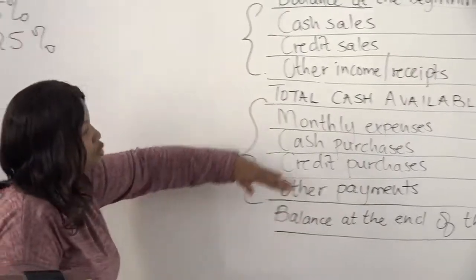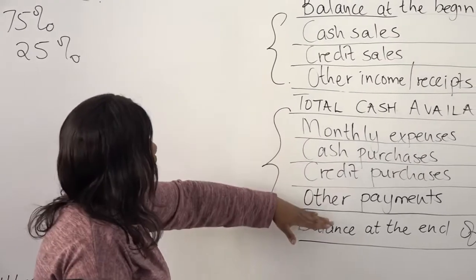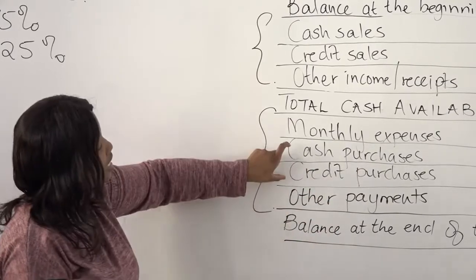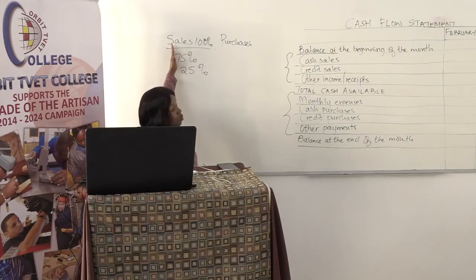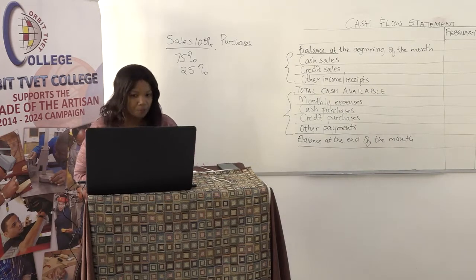In our payments, we have monthly expenses, the cash purchases, credit purchases, as well as other payments. We're going to treat cash purchases and credit purchases the same way we deal with the cash sales. It depends on the percentage that they have provided.